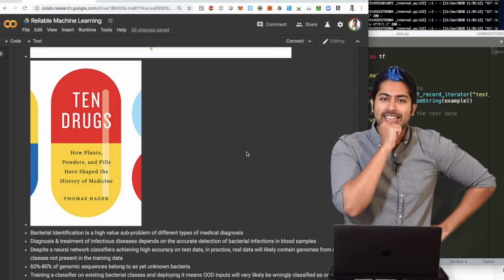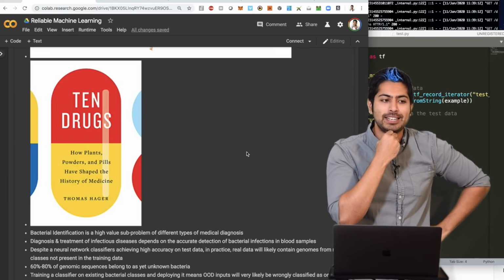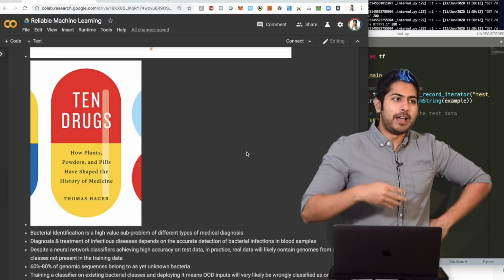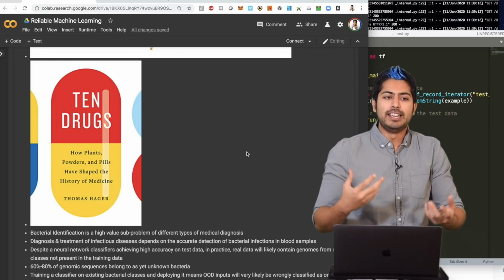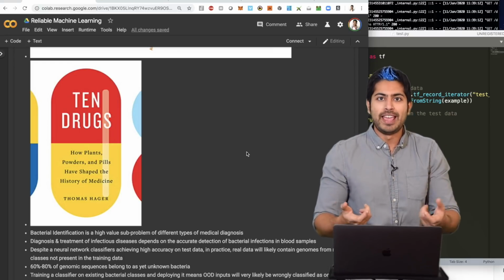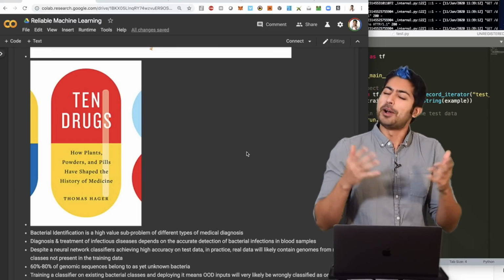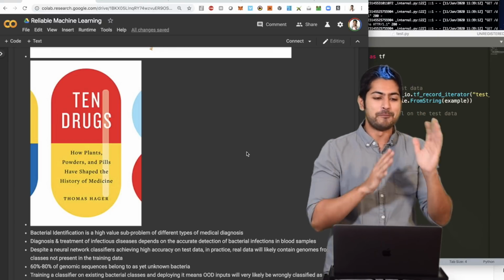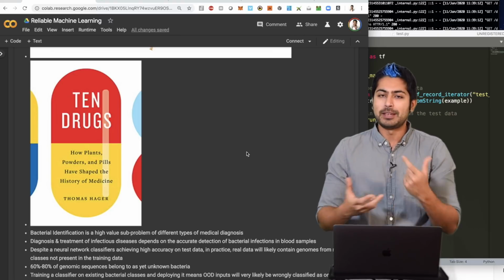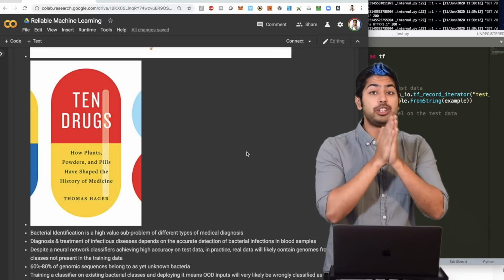For example, the guy who invented morphine tried it on himself, found that he was in a dreamlike state, and so he called the drug Morpheus after the Greek god of dreams, and it was later renamed to morphine. I just think that's so cool, how these drugs were discovered and the naming conventions they use, etc. Anyway, check out this book, okay?